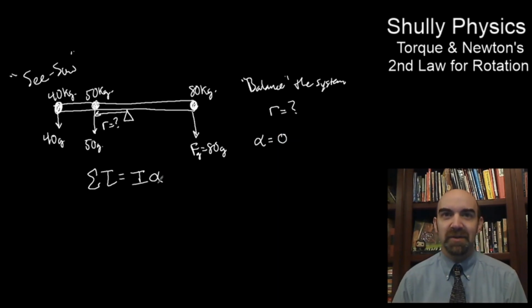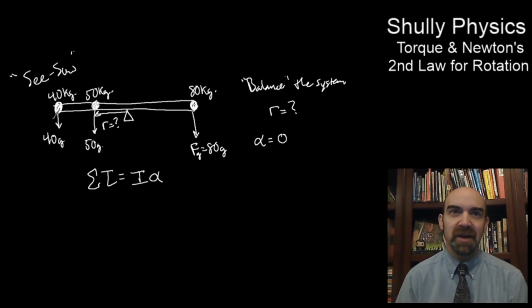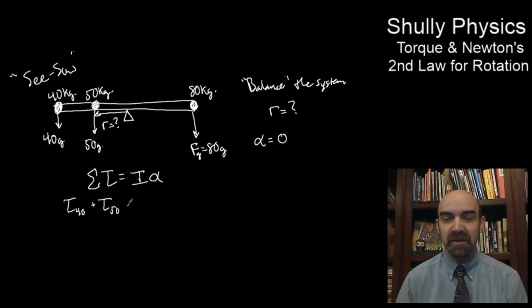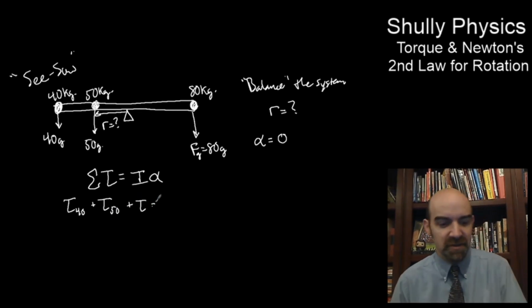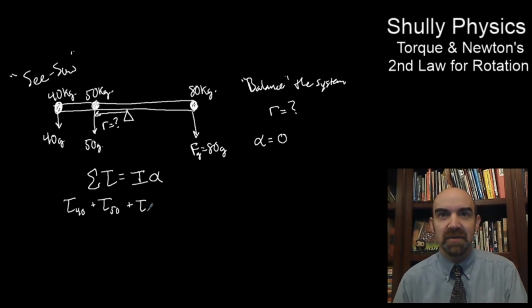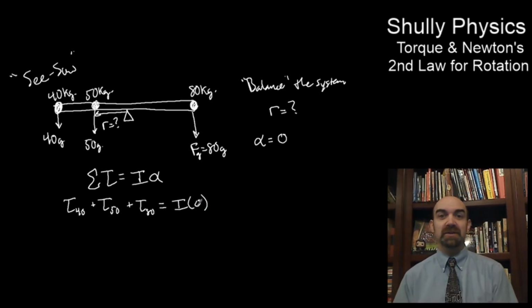So if alpha is 0, what we're going to have here is the torque from the 40 kilogram child plus the torque from the 50 kilogram child plus the torque from the adult equals I times 0 angular acceleration.